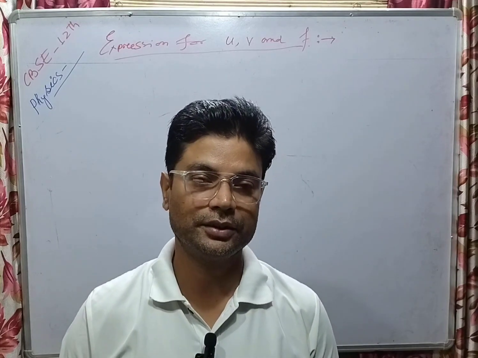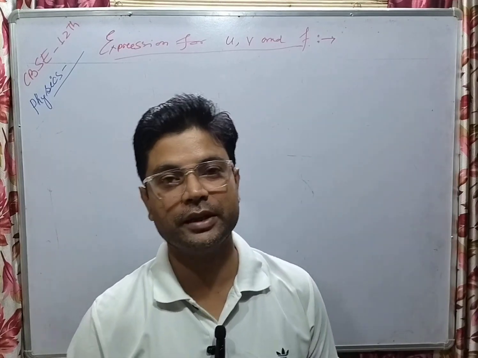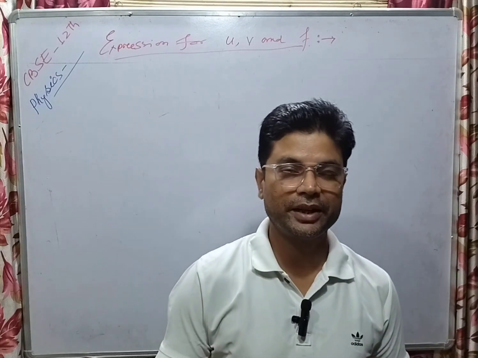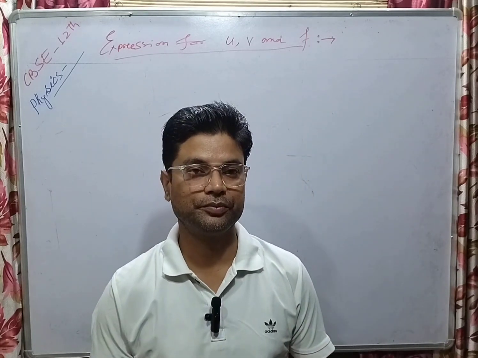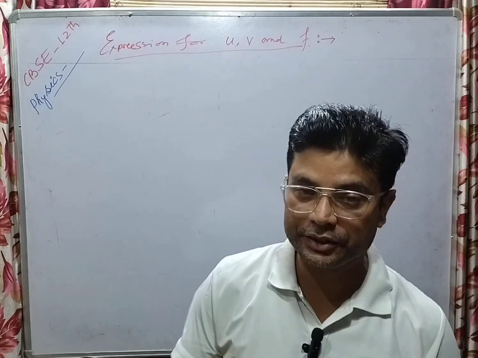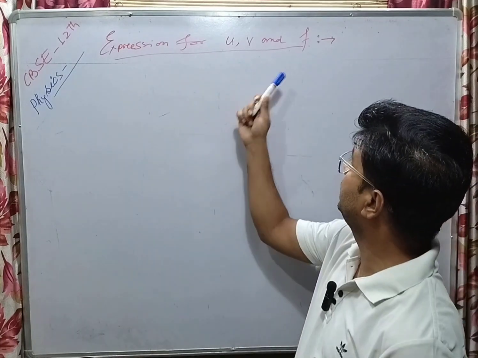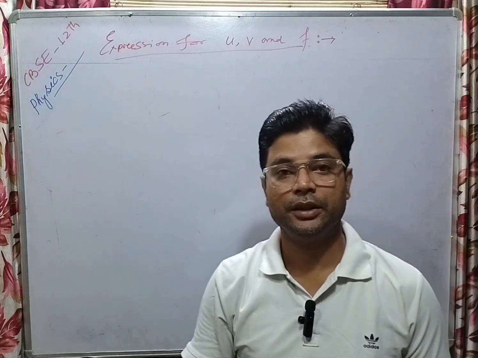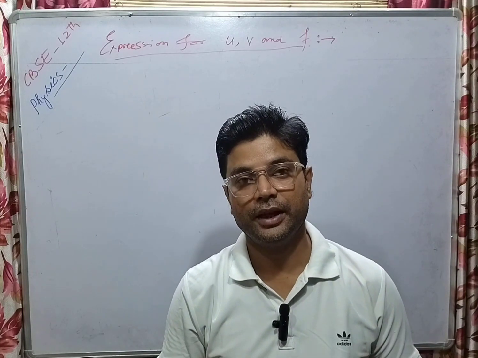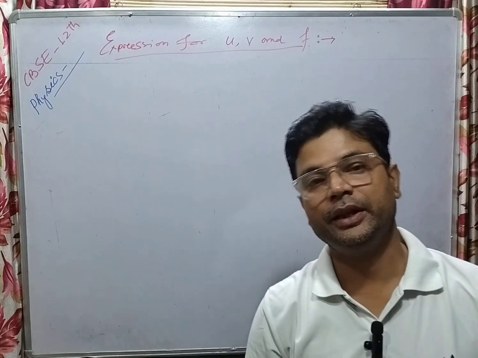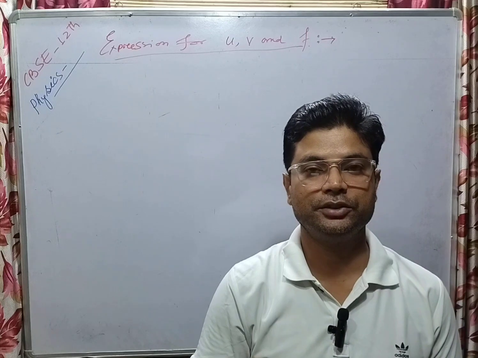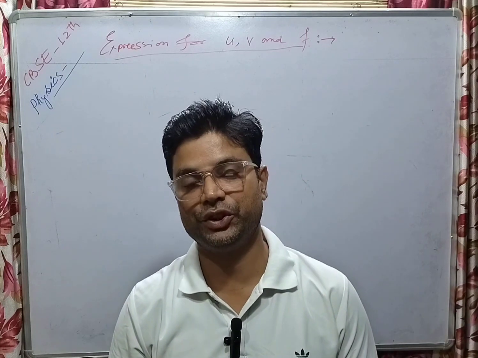I am going to discuss an important topic today of class 12 physics, chapter ray optics and optical instruments. Now, I would like to discuss the relation between u, v and f, that is object distance, image distance and focal length. I will establish the relation using geometry.